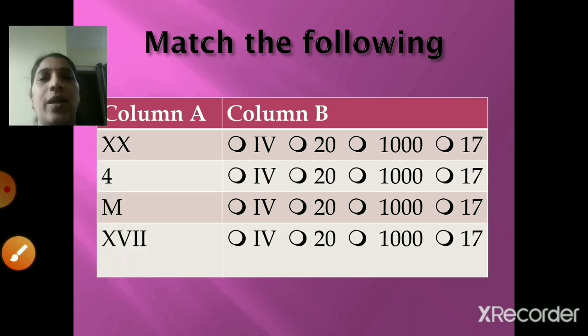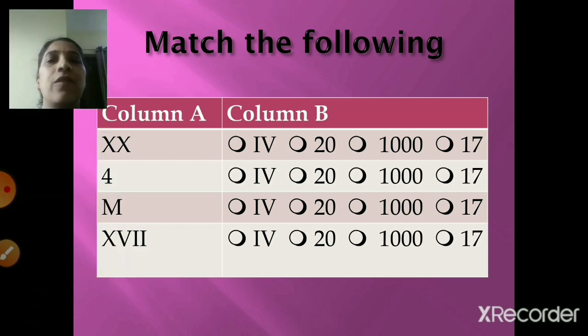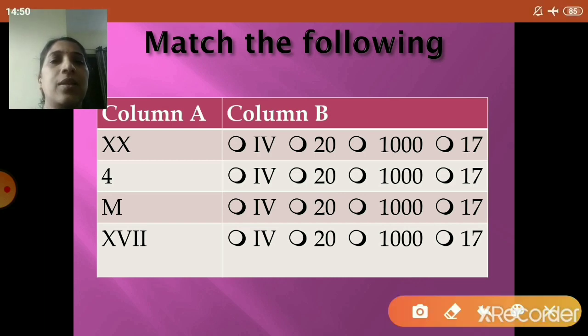So let's move to the next one. The next one is match the following. Two columns will be given, column A and column B. In column B you can see the answers are given. In column A the first symbol is XX, X is 10 and the other X is 10.